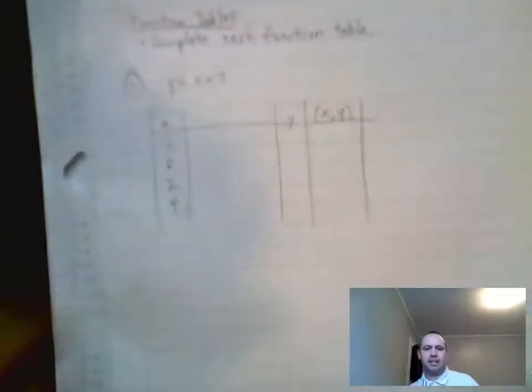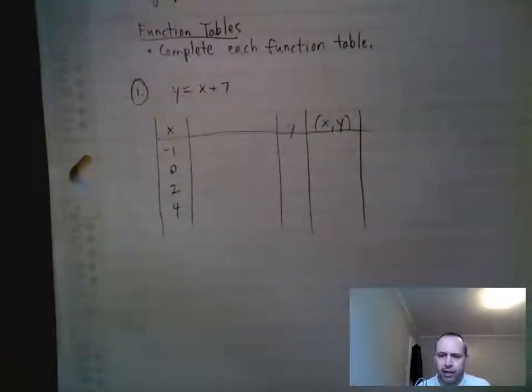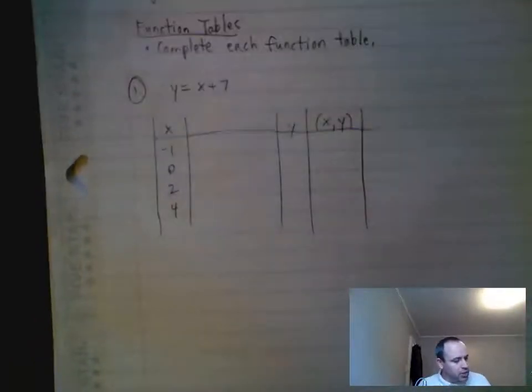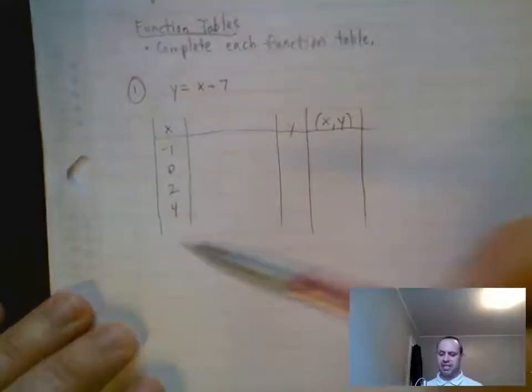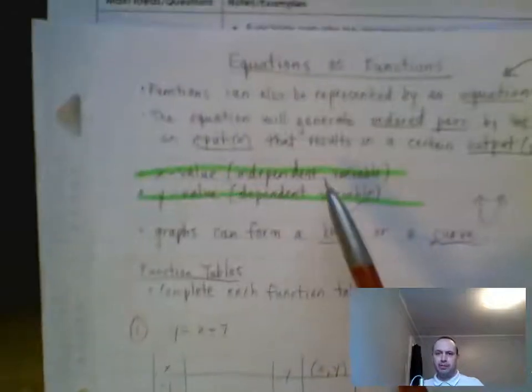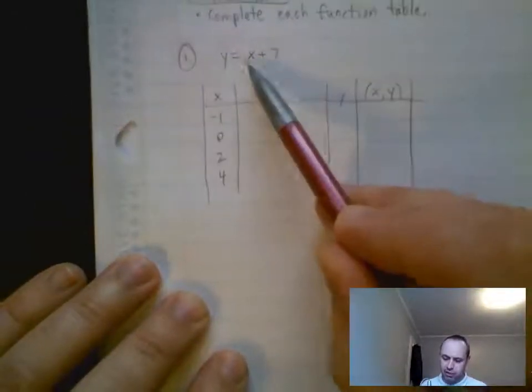If I'm going too fast, you can pause the video for a second, get that table set up, and then we'll go from there. What you have to do each time is take these x values that they give you, which are called the independent variable. You have to take what's given, the x values, and plug them in here.